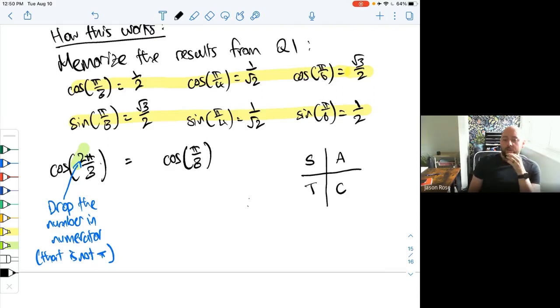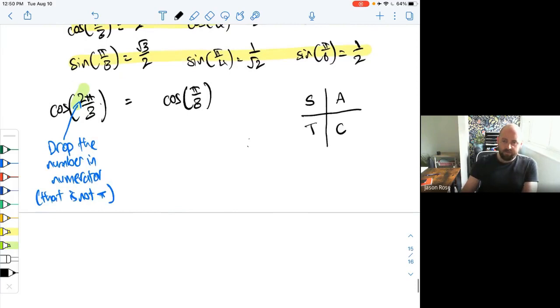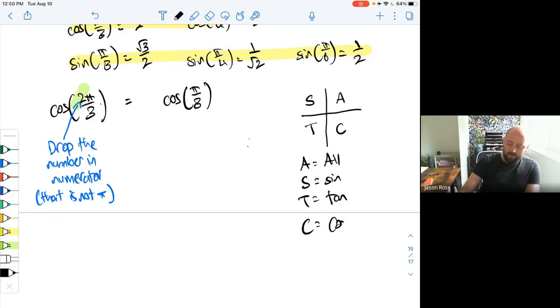Good, good. So this kind of fell out of all the work that we did. What it means is, just for anybody that's maybe thinking no but doesn't want to say it since everybody else said yes, A means all, S is sine, T is tan, and C is cosine.